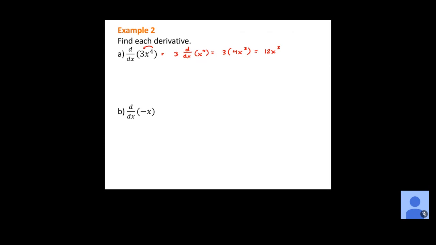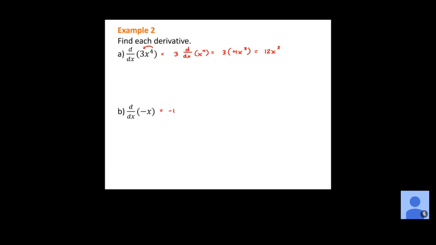It's linear, right? What's the slope of that line? Negative 1. What should the derivative of this be? In this case, it is going to be negative 1, right? Because if we know it's a linear function, we know the slope of that line, we're just finding the slopes of the tangent lines. Well, at every point along that line, the slope's going to be the same, and so that should just be negative 1.